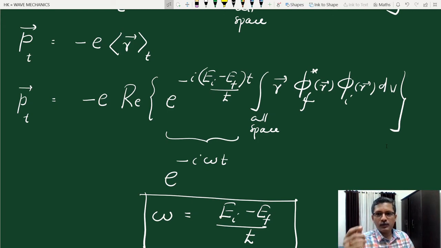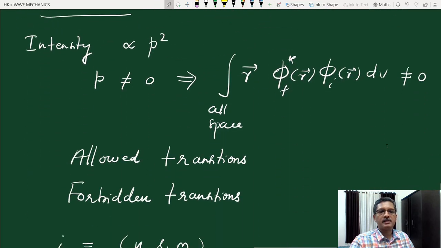But suppose this integral is zero, then there is no transition due to the oscillation of electric dipole. When we say forbidden transitions, these are forbidden by electric dipole oscillations. But even in such cases, in some of these cases, not in all cases, transitions are possible by other processes. That means radiative transitions are possible by other processes.